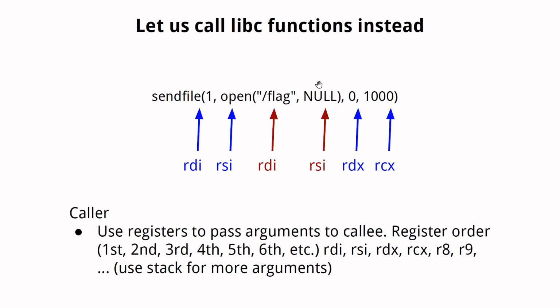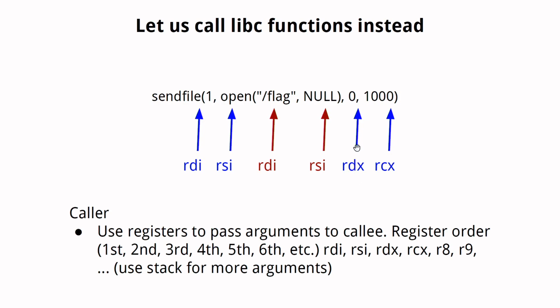The return value will be the handler, or the file descriptor, of that file, and that one will be the second parameter of the second function call, sendfile. So the return value will be put in RSI again, and the first parameter for sendfile will be file descriptor 1, which is stdout. So we put that one in RDI.